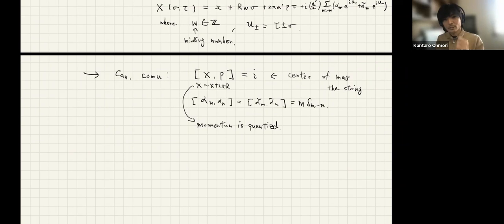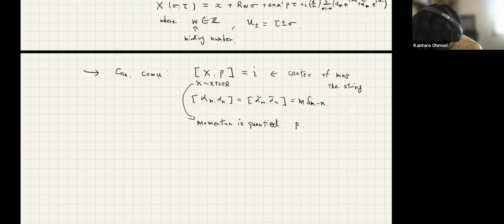So that means the momentum is quantized, and r p is an integer.